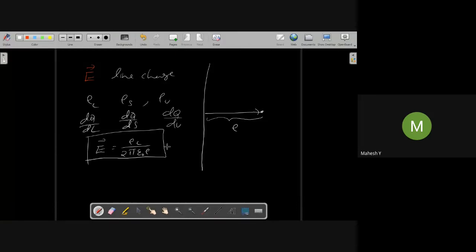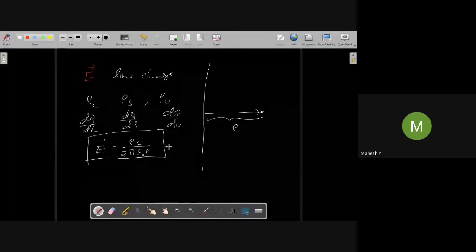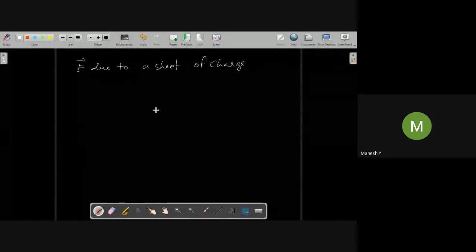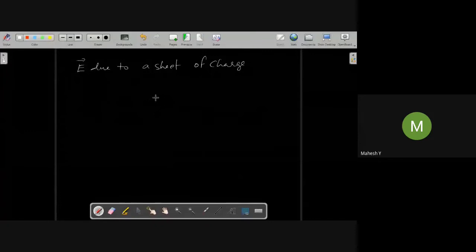Okay. Now, today we will be discussing electric field intensity due to a sheet of charge. So, can anybody tell me what are the parameters we will be considering here?